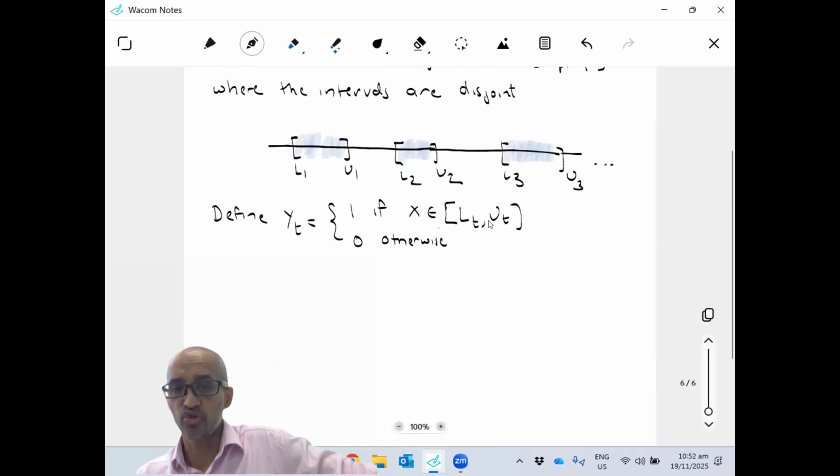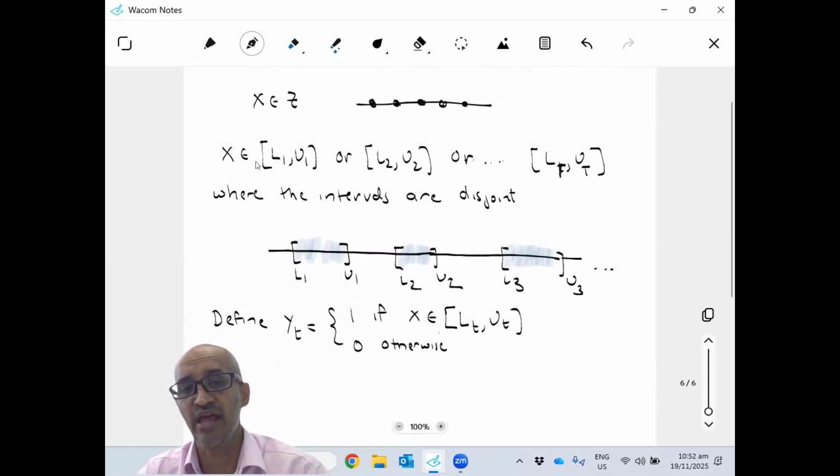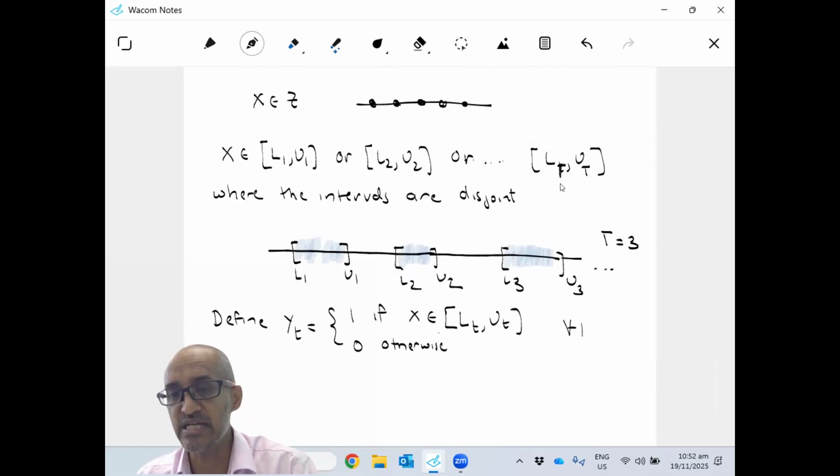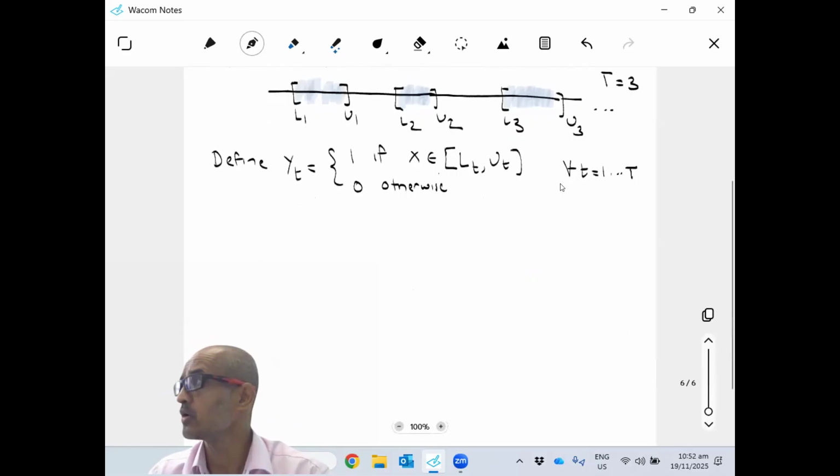How many variables do I have? If x takes capital T possible intervals, in this example T equals 3, but in general there'll be T such variables, t going from 1 up to capital T, depending on how many intervals I take.